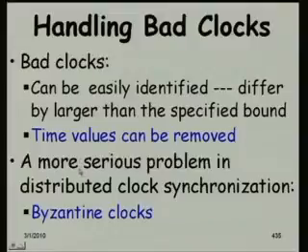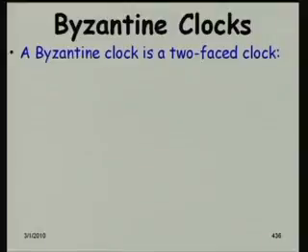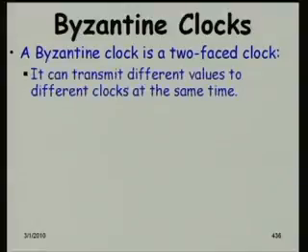But a more serious problem is the Byzantine clocks. Bad clocks are not a big problem, can be easily handled. The problem is the Byzantine clocks. A Byzantine clock is a two-faced clock. Actually, it's based on a story of Byzantine generals.